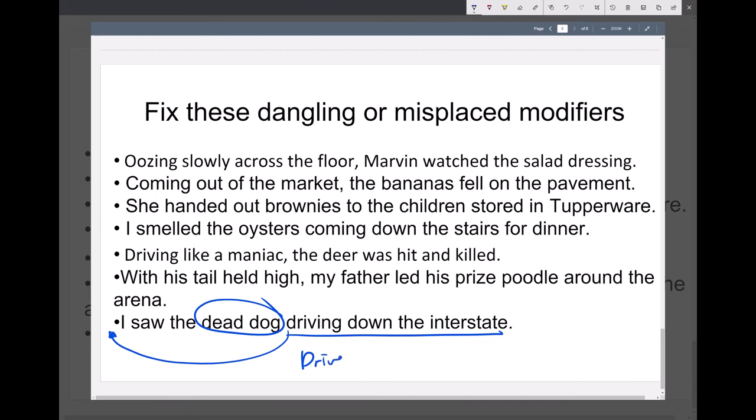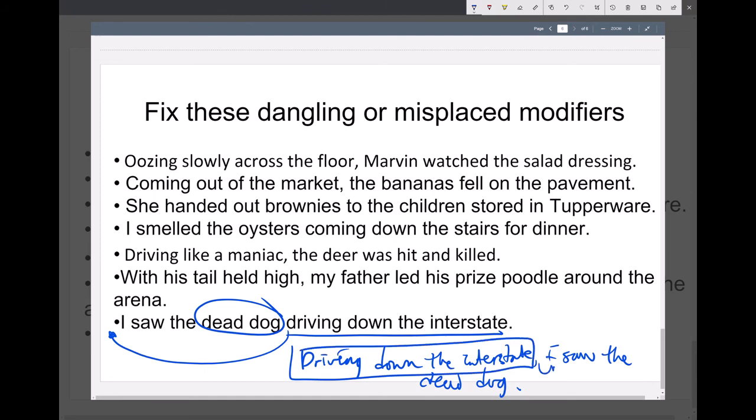Driving down the interstate, I saw the dead dog. Again, you got the modifier, and it's placed right before I, where it should be. So again, that's how you fix dangling and misplaced modifiers.